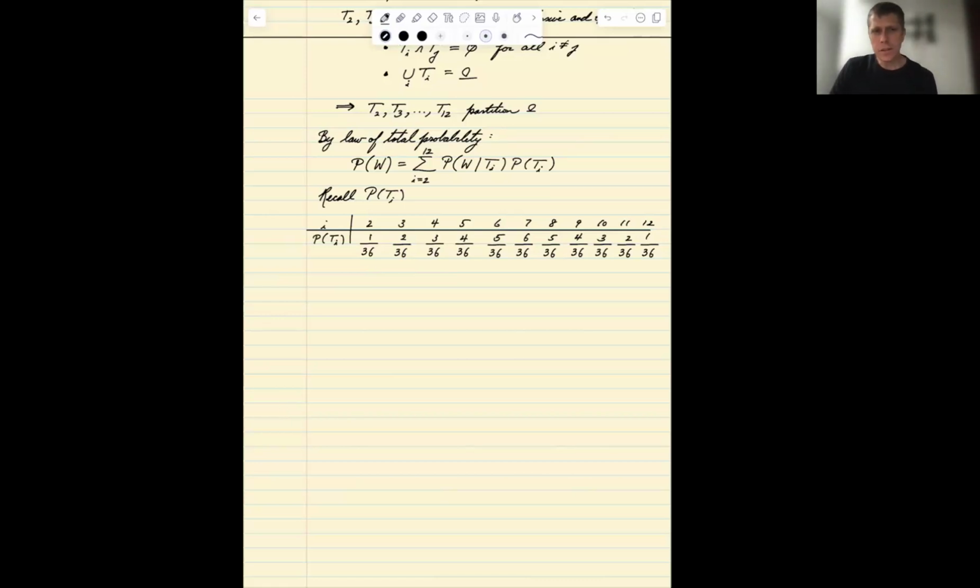And now what we need to do is actually fill in these conditional probabilities. So we want to fill in the conditional probabilities that we win given each of the cases that we're considering.